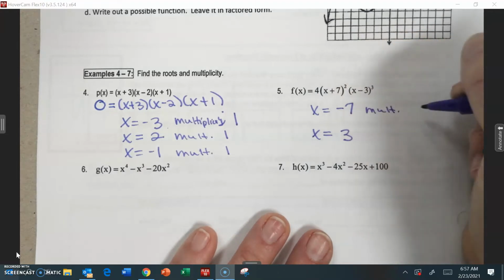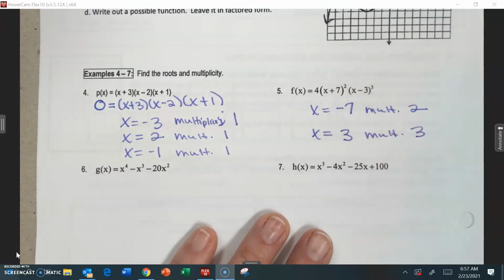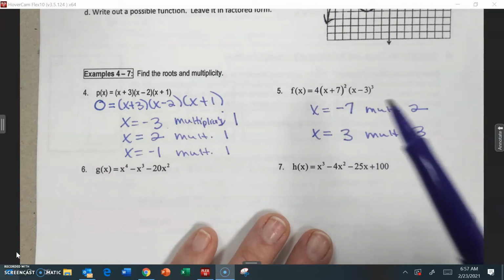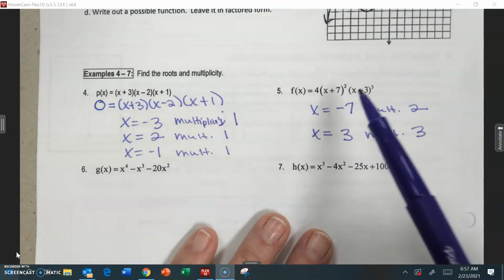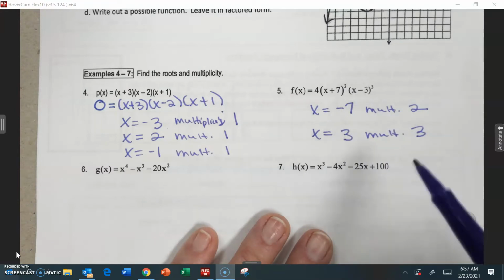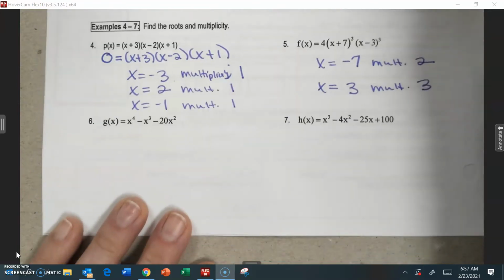This has a multiplicity of 2, and this has a multiplicity of 3. And remember, that multiplicity is telling you how many times that factor or solution occurs, and it's telling you whether the graph is going to be tangent to the x-axis or cross the x-axis, okay?